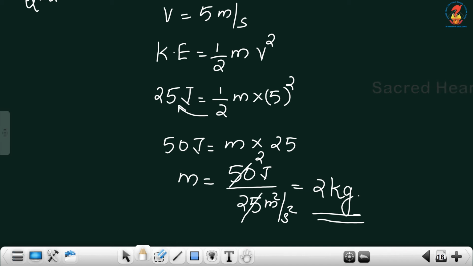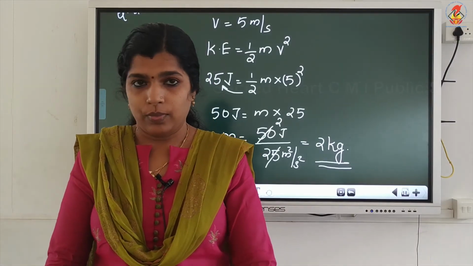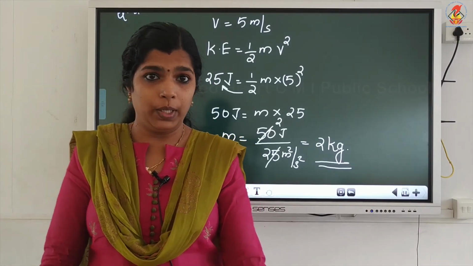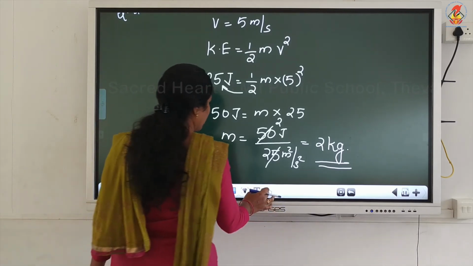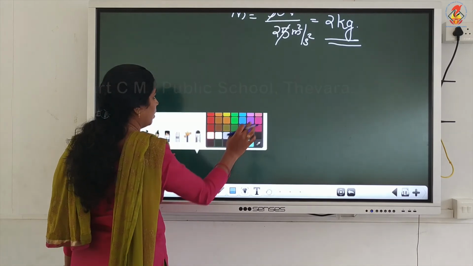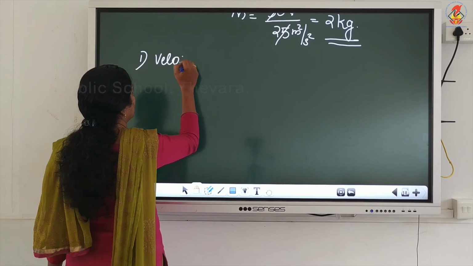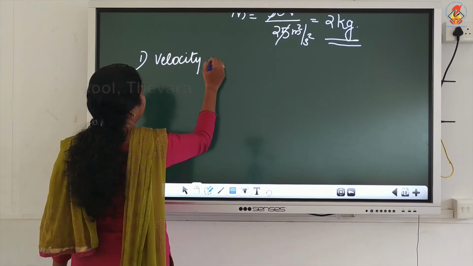Now, what you have to do? Find out what will be its kinetic energy when its velocity is doubled. First subdivision, velocity doubled.